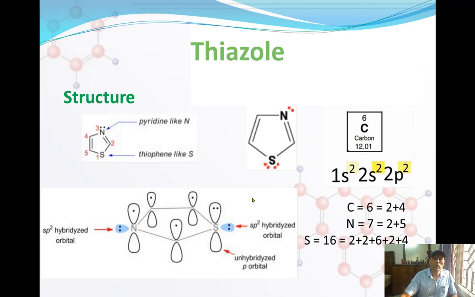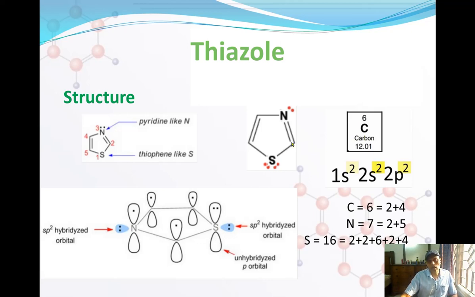It has also got one electron, and you can see that shown here. The same thing is going to happen at the 4th and 5th positions. They form sigma bonds with the adjacent atoms, and one electron each from the unhybridized p orbital will be remaining. So we have three unhybridized p orbitals with one electron each.